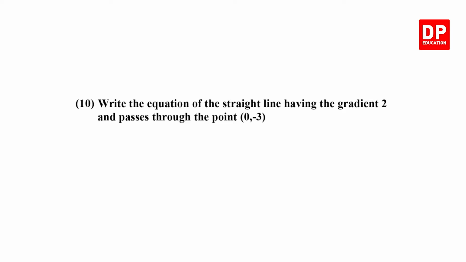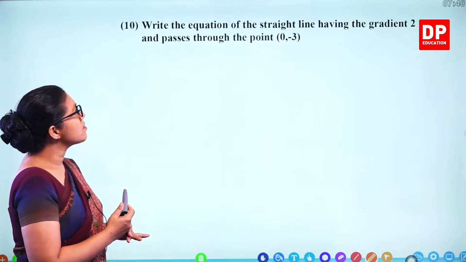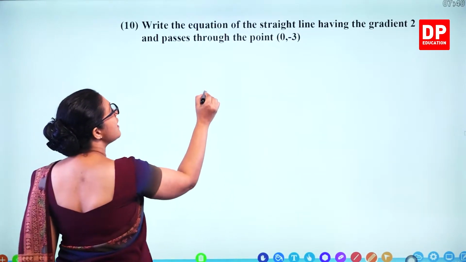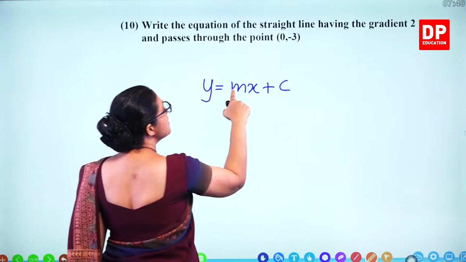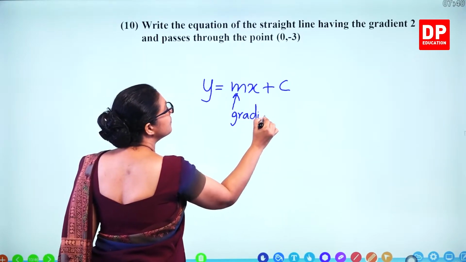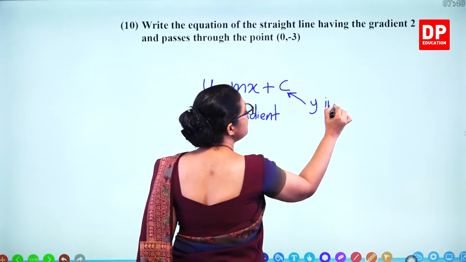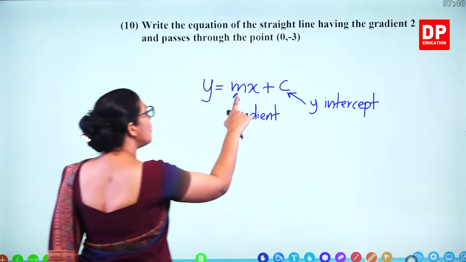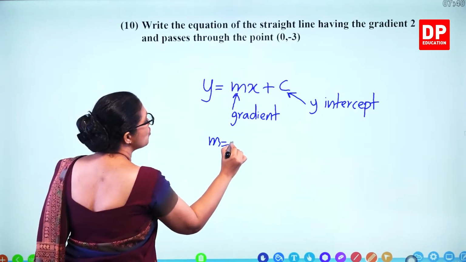Question number 10. Write the equation of the straight line having the gradient 2 and passes through the point 0, minus 3. So what is the equation of the straight line? Y equals mx plus c. M is the gradient and c is the y-intercept. Now m is given, gradient is 2, m is 2.